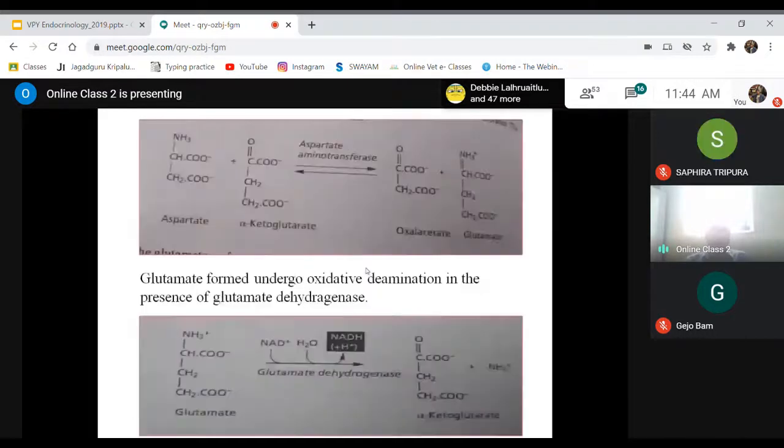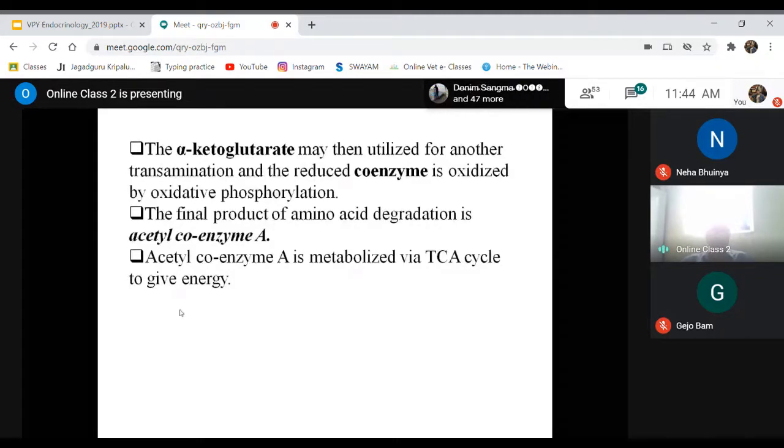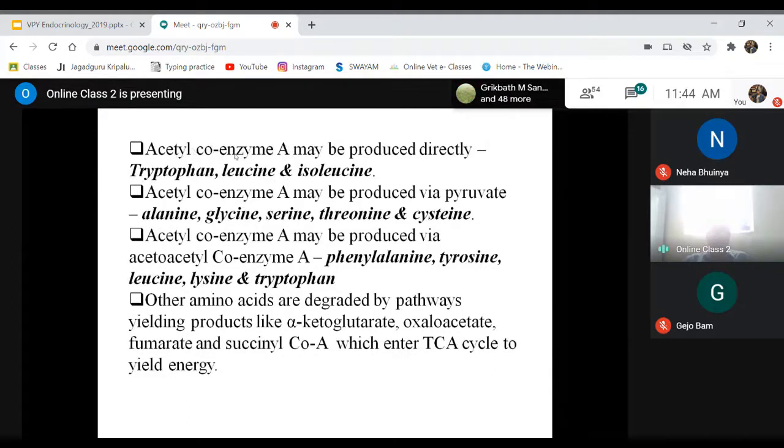alpha ketoglutarate. After that, it will be metabolized to acetyl coenzyme A, and this acetyl coenzyme A will be metabolized by the TCA cycle. For some amino acids like tryptophan, leucine, and isoleucine, acetyl coenzyme A may be produced directly.